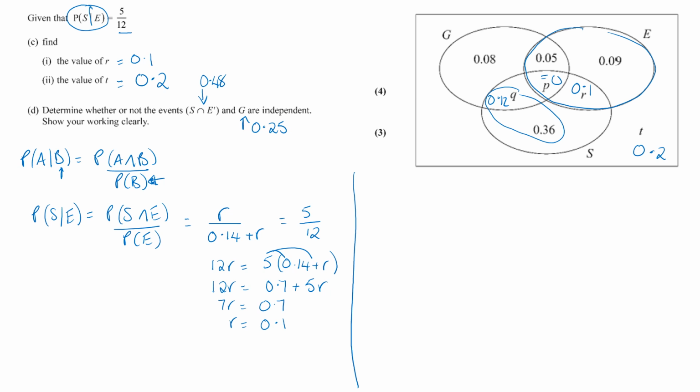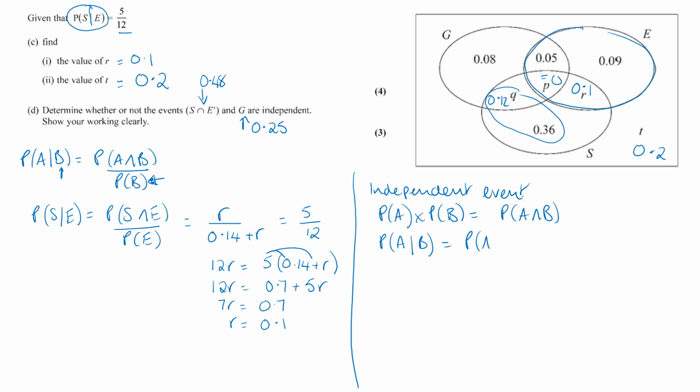Now when you have independent events, 2 rules apply. The probability of A times the probability of B is equal to the probability of the intersection, or you can have the probability of A given B is equal to the probability of A. If A and B are independent, the fact that B's happened is not going to influence the probability of A.